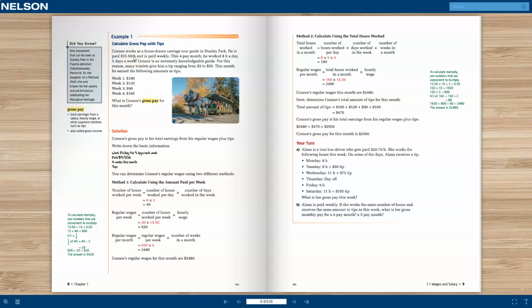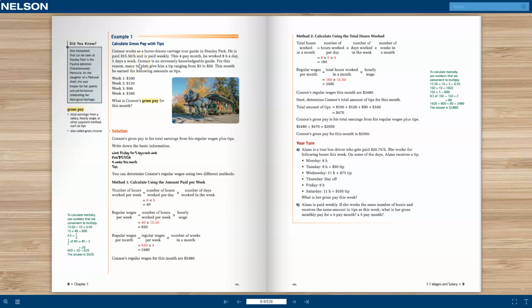Example 1, calculate gross pay with tips. Connor works as a horse-drawn carriage tour guide in Stanley Park. Okay, cool. I'm not sure if anybody's been on this, but I haven't, but it looks fun. He is paid $15.50 per hour and is paid weekly. This 4-pay month, he worked 8 hours a day, 5 days a week. And 8 hours per day is usually standard.